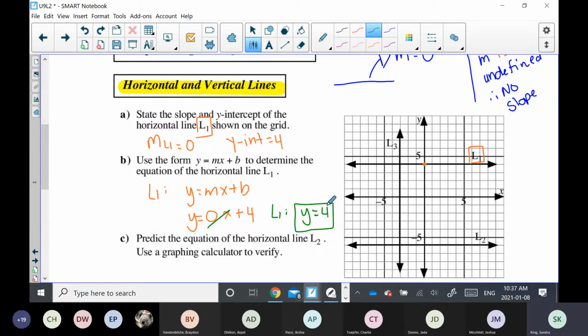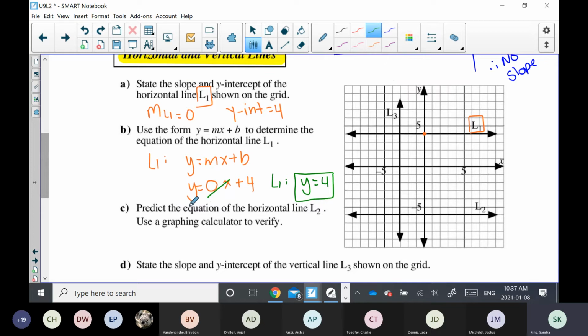From this, you should now be able to predict the equations of all horizontal lines. What C says is predict the equation of horizontal line 2. So let's find line 2, which is right here. The equation of line 1, because it was horizontal and went through the y-axis at 4, was y is equal to 4.